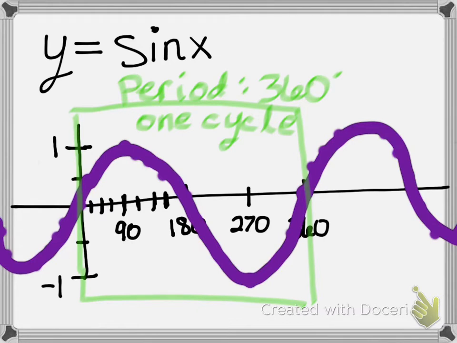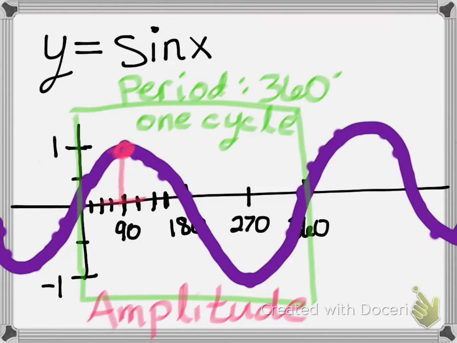Another thing that we can see here is what we call an amplitude. Now, amplitude is how high these waves go. So, if we look at this point here, the distance between the x-axis and that maximum point is 1.